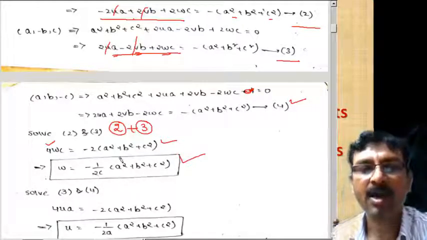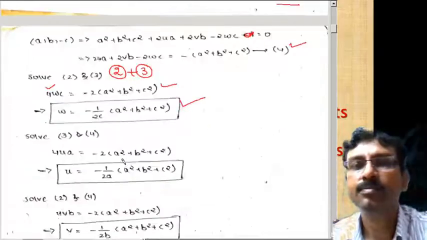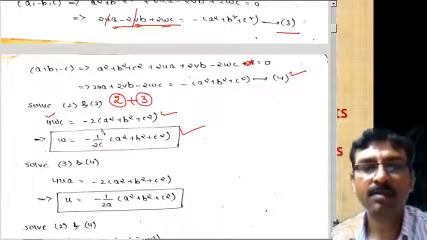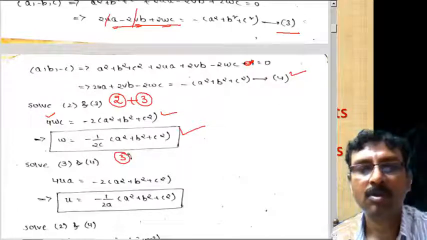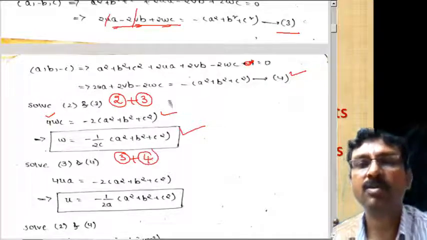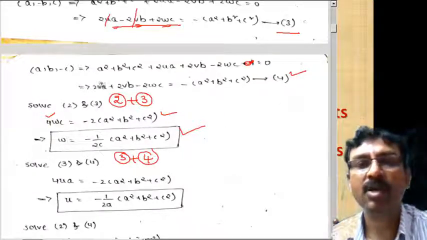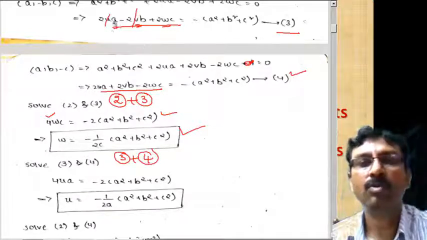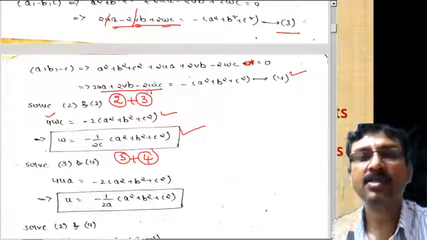Similarly, adding the third equation and fourth equation. So observe third and fourth. 2ua plus 2ua is 4ua, minus 2vb plus 2vb, and wc minus wc get cancelled.